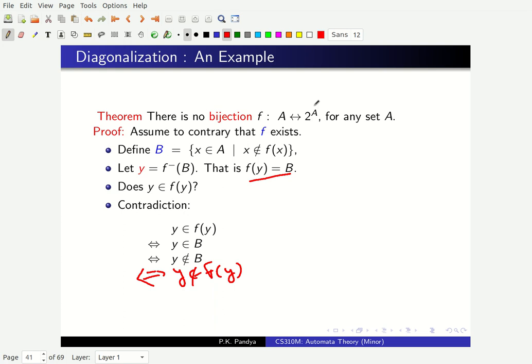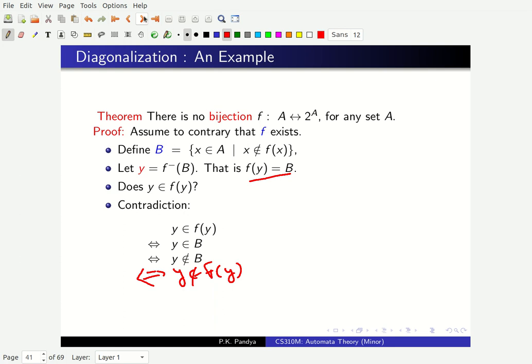The cardinality of natural numbers is smaller than the cardinality of the power set of natural numbers. This is how Cantor defined the sizes of infinite sets, and he said there are infinite sets of different sizes, and in fact this is his proof. Okay, so this is an example of diagonalization.